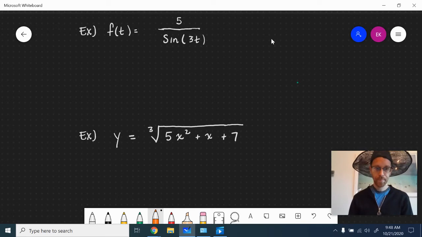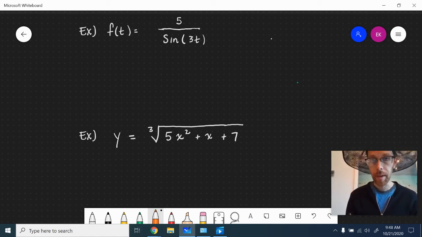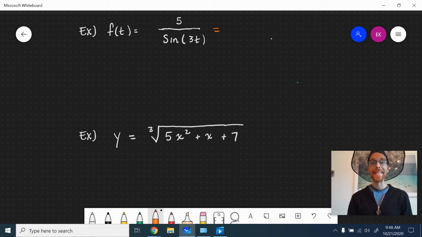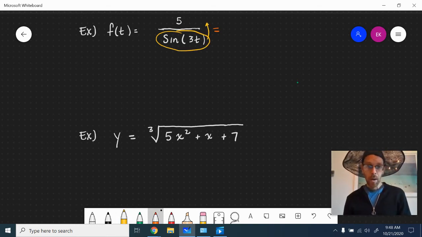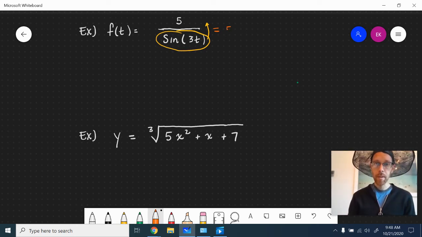Next one. All right. Now we're getting into problems where you need to manipulate the expression before you can take the derivative. We don't know how to deal with denominators yet. So what you're going to do on a problem like this is you're going to take this denominator and move it upstairs. When you move it upstairs, the 5 is chilling.